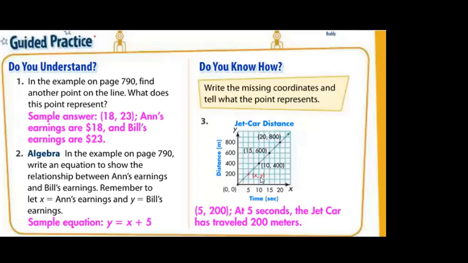He said X and Y, which means he doesn't know the coordinates of the ordered pair. Am I right? Yes. Then the second point is represented by 10 and 400. The third one, 15 and 600. The last one here, 20 and 800.